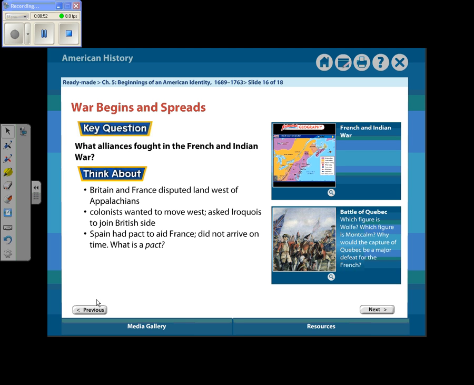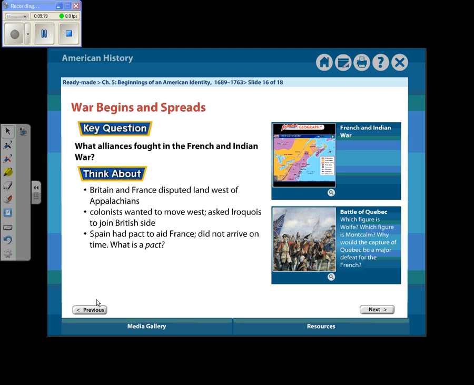His name is William Pitt, and he decides to put more money into the war in America because you've got to remember the French and Indian War was only part of the war. There was a much bigger conflict called the Seven Years' War. So William Pitt puts more money in, sends over the best generals to fight the French and Indian War, and after he does that, the British are going to start winning a lot more of the conflicts.